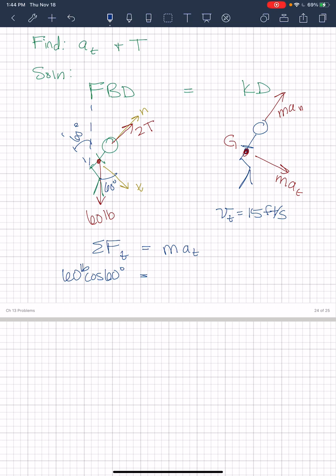We know weight equals mass times acceleration, so mass is going to equal weight divided by g, which is 60 pounds divided by 32.2 feet per second squared, that's just the acceleration due to gravity, times a sub t. And so now we can solve for a sub t.